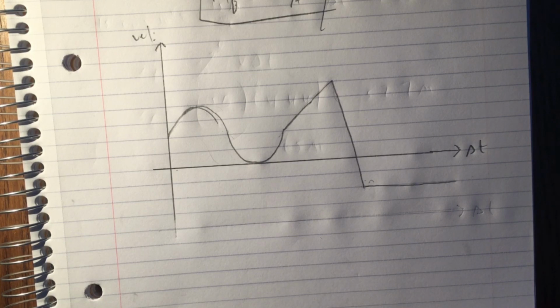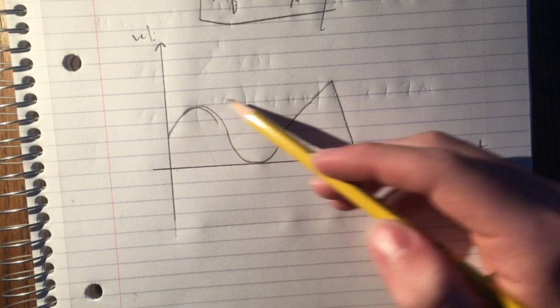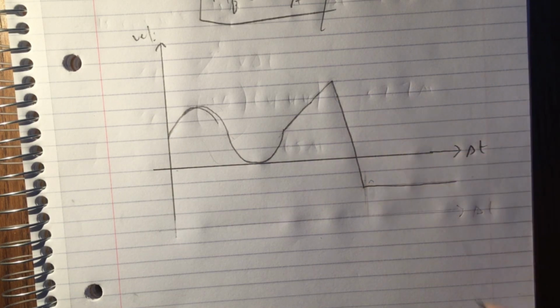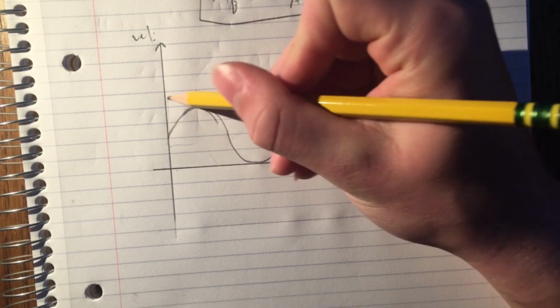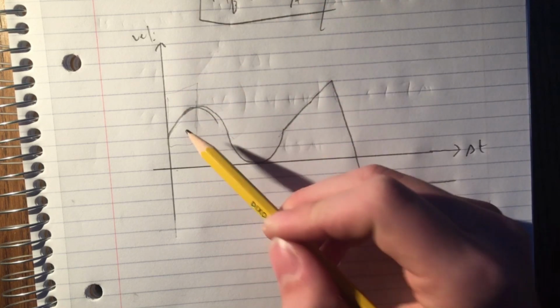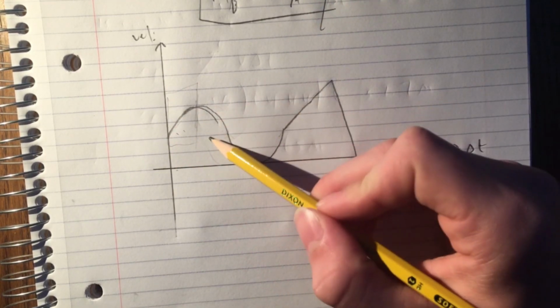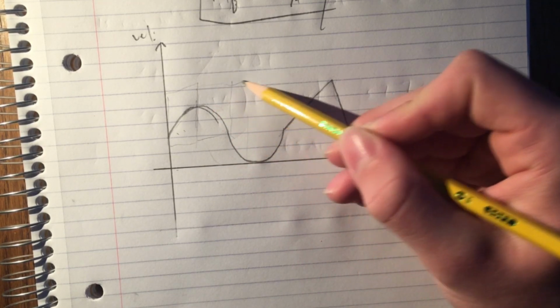So technically the object is accelerating for all this time period up until here, because that's where its velocity stays constant. But we can say it's accelerating here because its velocity is increasing in the positive direction, and then it decelerates all the way to here.